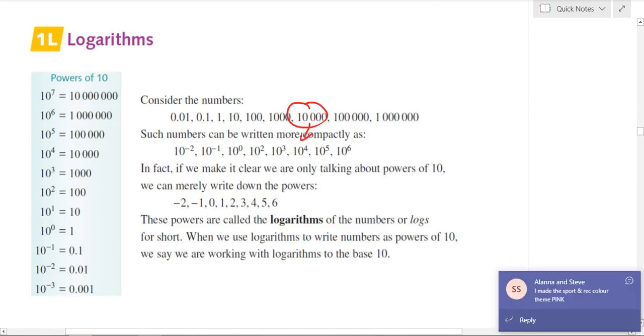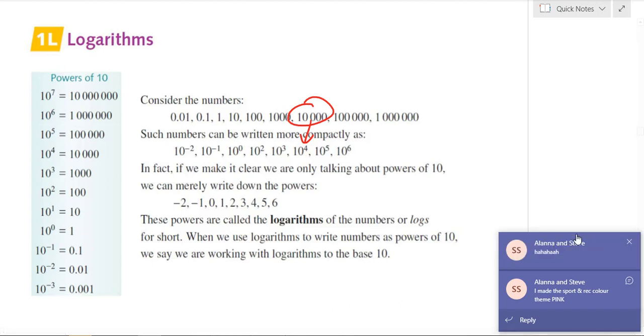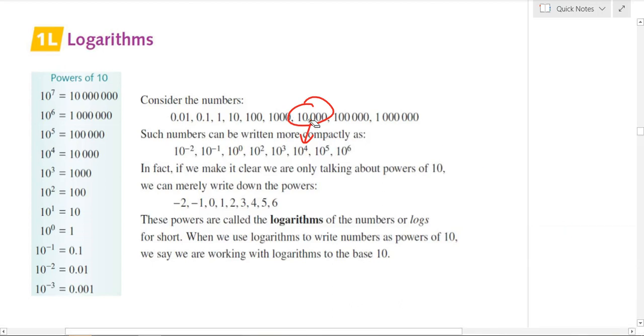Does anyone see any patterns here with the number and their log? Well, one thing you can look at is that the number of zeros in the number corresponds to the log number.